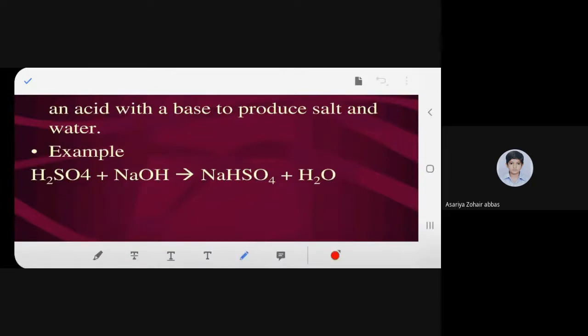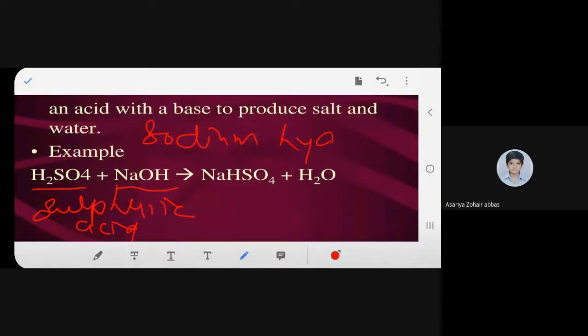Now I'm giving you this: this is sulfuric acid, H2SO4. And this one is sodium hydroxide. Say with me, beta. H2SO4.